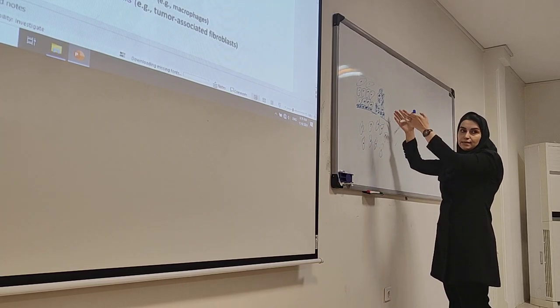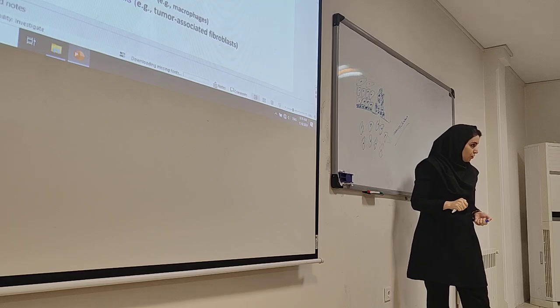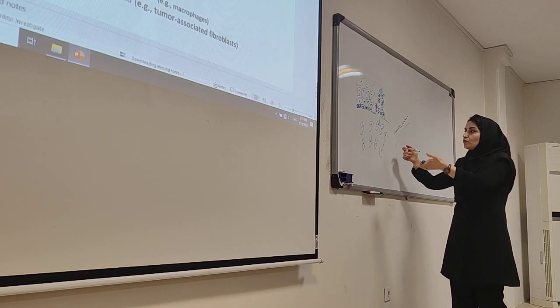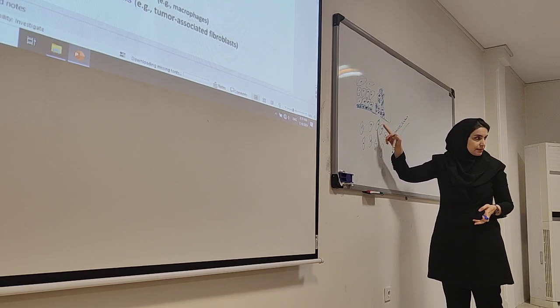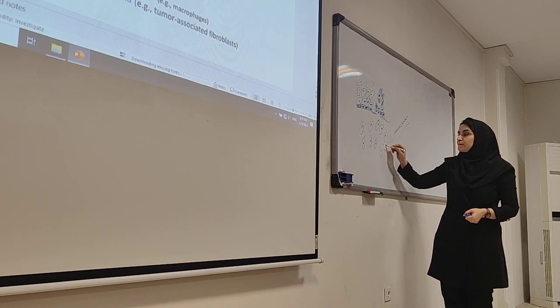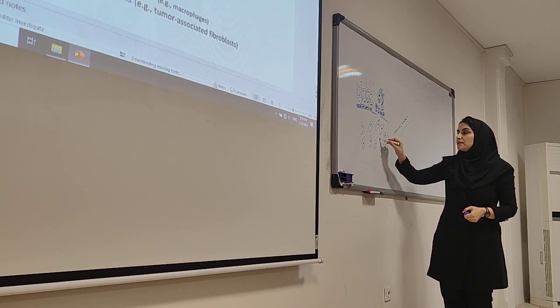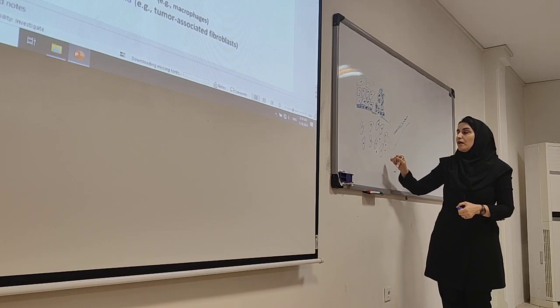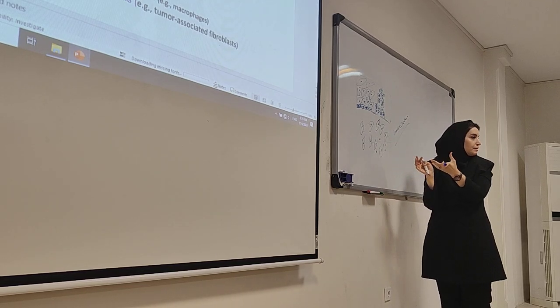For example, this is a squamous cell carcinoma. Okay, in each tumor we have the tumoral cells, and also we have some inflammatory cells in the background. This is the environment of tumor.